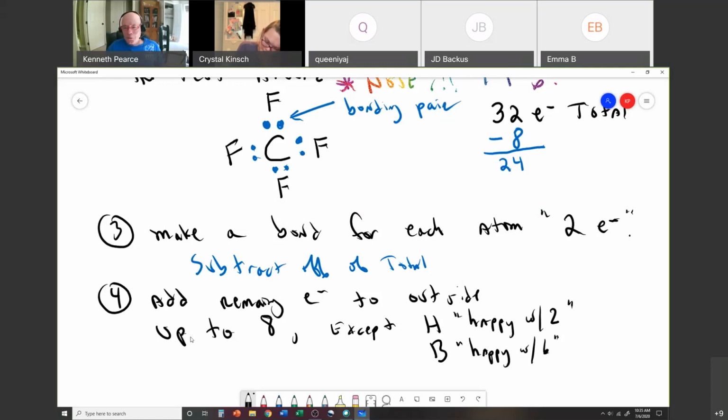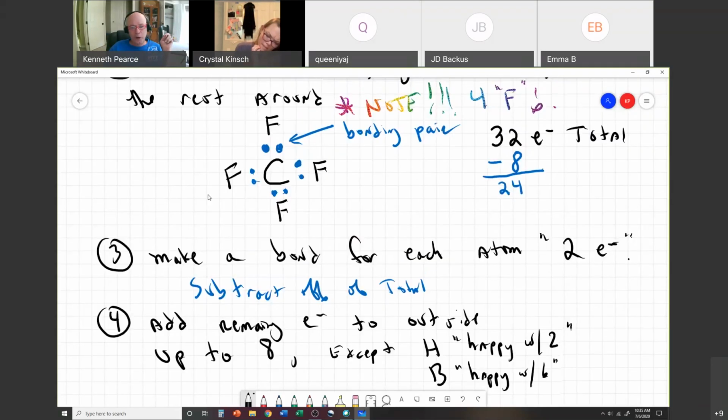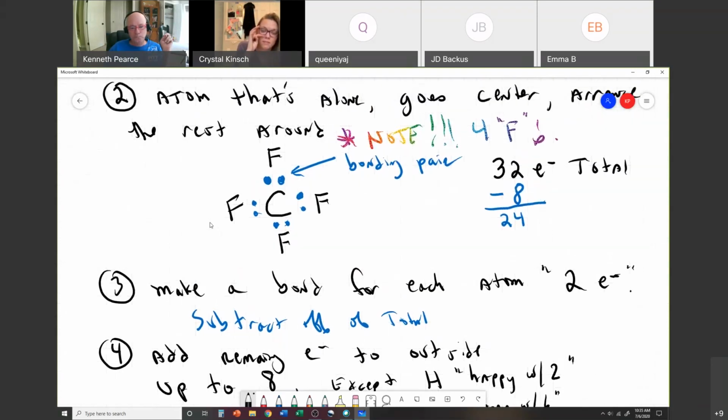We want to put up to 8 on the outside, except for hydrogen, which will be happy with 2, and boron, which will be happy with 6. Okay. So we're going to do that up here. We'll change colors here. We'll change to green.